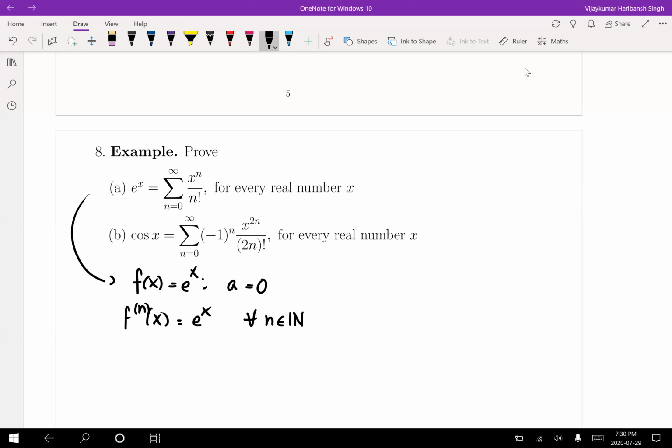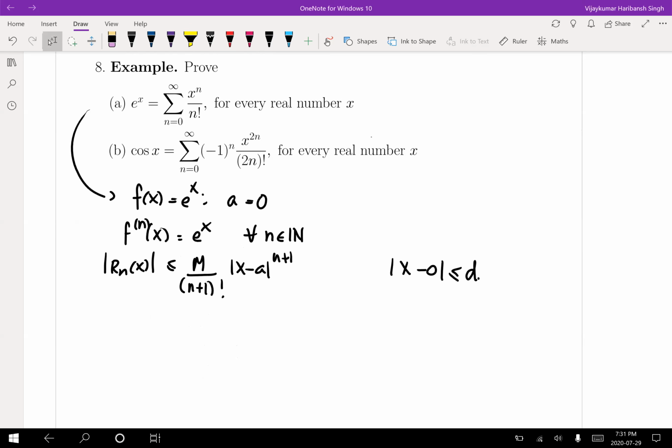So we have Rn of x is less than or equal to M over n plus 1 factorial times the absolute value of x minus a to the power n plus 1, where the absolute value of x minus a, or x minus 0, is less than or equal to d.